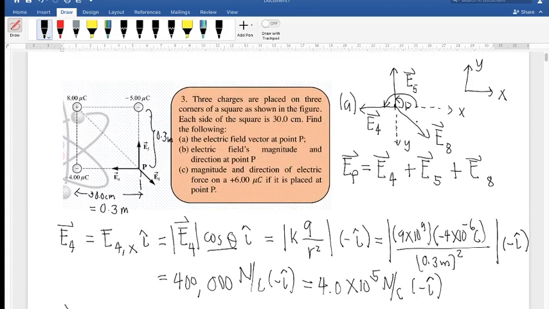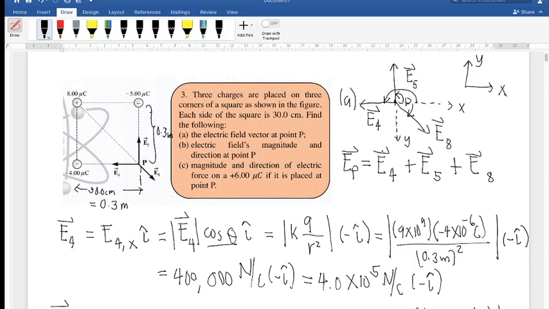So ito siya. So here, makikita mo that your E8 is actually pointing in the quadrant 4. So meaning na yung coordinate niya must be meron siyang negative na y component at meron siyang positive na x component.